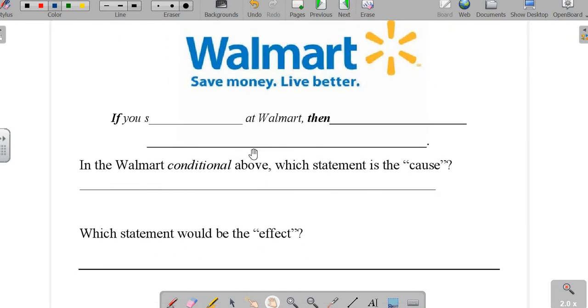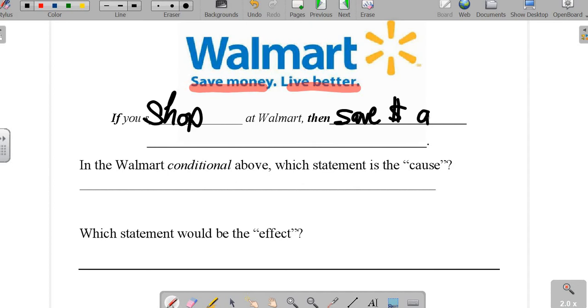Here's a logo, the Walmart logo, with its slogan, save money and live better. What this logo is communicating, along with the tagline there, is if you shop at Walmart, that would be the cause, then you will save money and live better. What is the cause of this conditional statement?